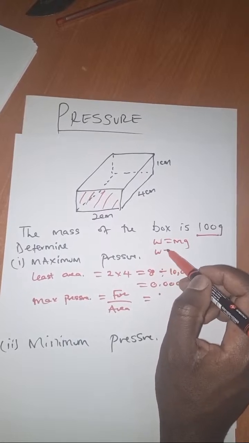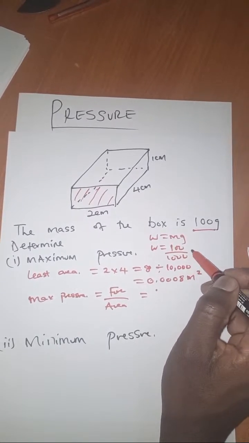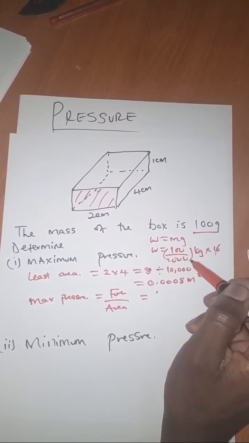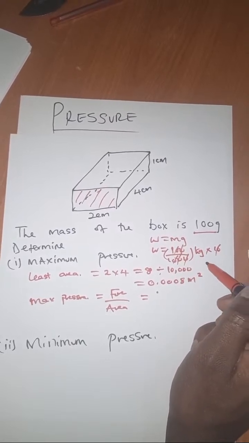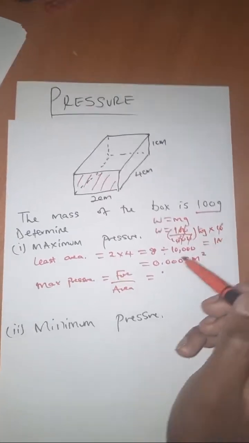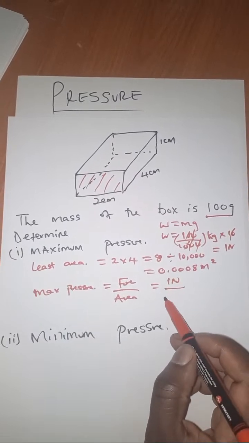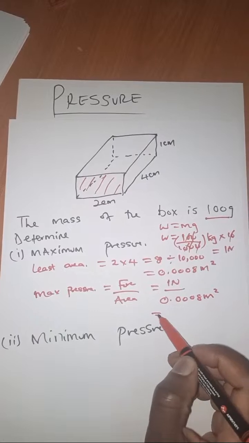So weight is equal to 100 divided by 1000 to make it kilograms, then we multiply by g, 10. When you cancel out, you get that weight is actually 1 Newton. So we use the force of 1 Newton and divide by an area of 0.0008 meters squared.